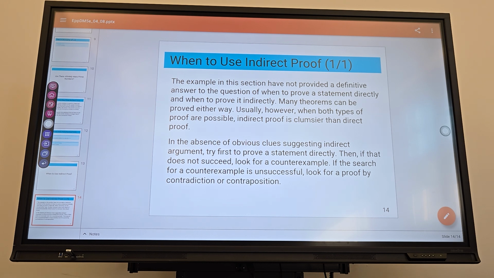If both options are available, the direct proof is typically clearer and less clumsy, so I would choose that over the indirect proof. In the absence of obvious clues suggesting the indirect argument, try to first prove a statement directly. Then if that does not succeed, look for a counterexample. If the search for a counterexample is unsuccessful, look for a proof by contradiction or contraposition.